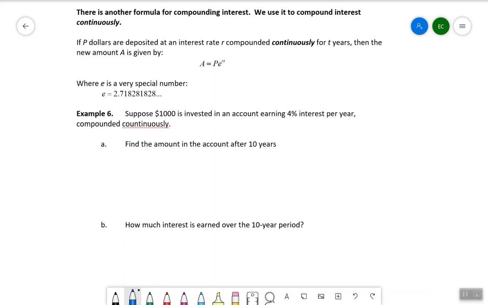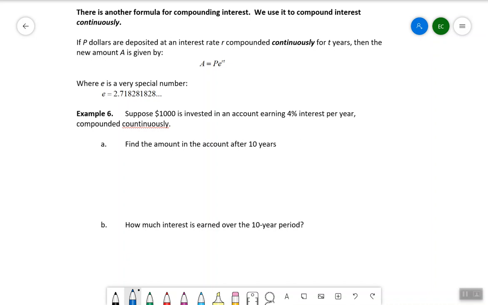So what's the effect? If we just compound more and more often, could we have an infinite amount of money after some fixed time? Could we take our $1,000 investment and turn it into $1 billion in 10 years if we just compound often enough?